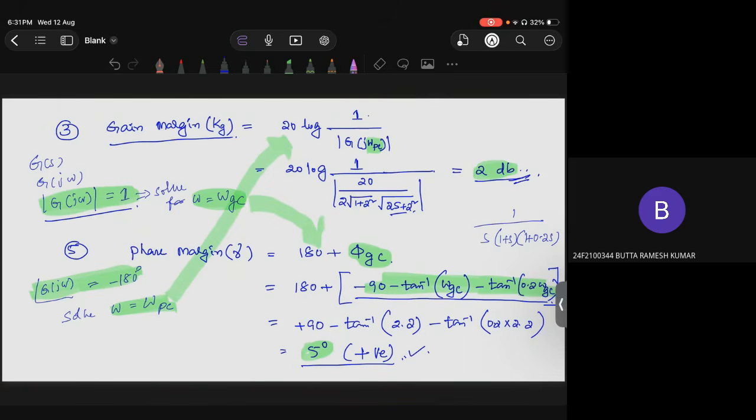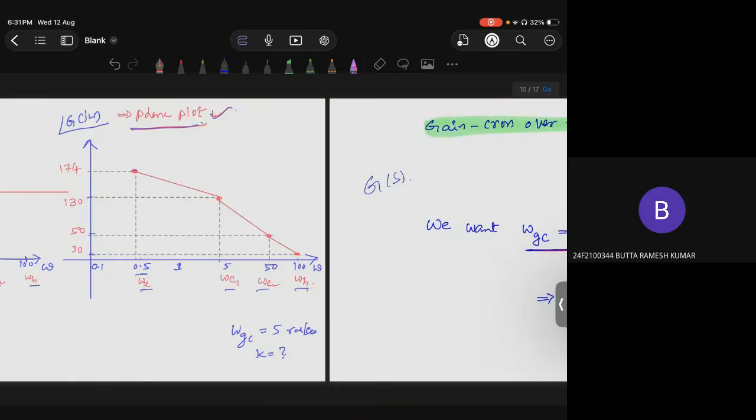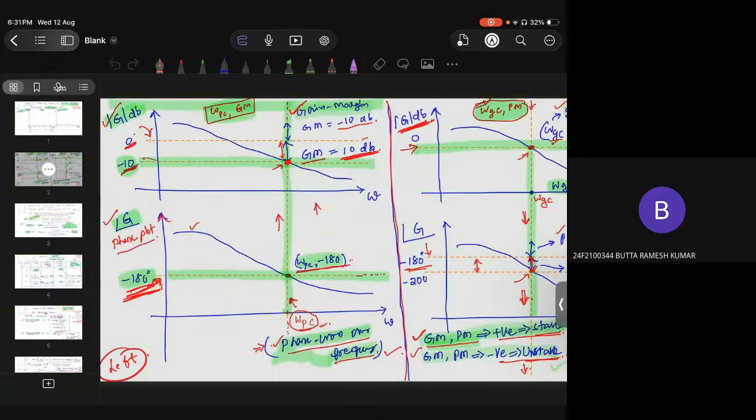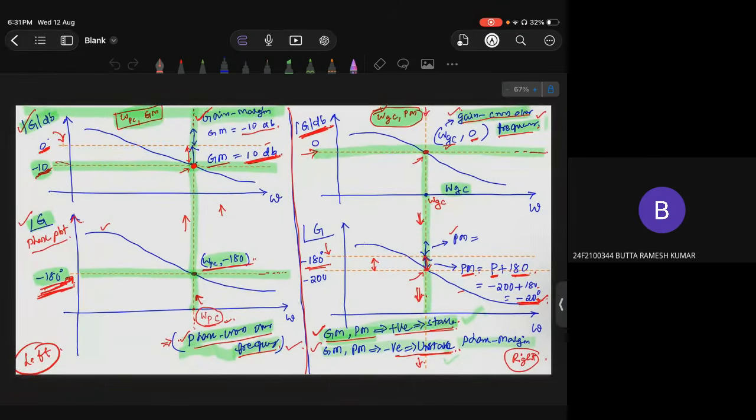I hope this is clear. If you understand these basic definitions, how we start with the phase crossover frequency and find the gain margin, start with the gain crossover frequency and find the phase margin, then this is exactly the same thing we are applying there.